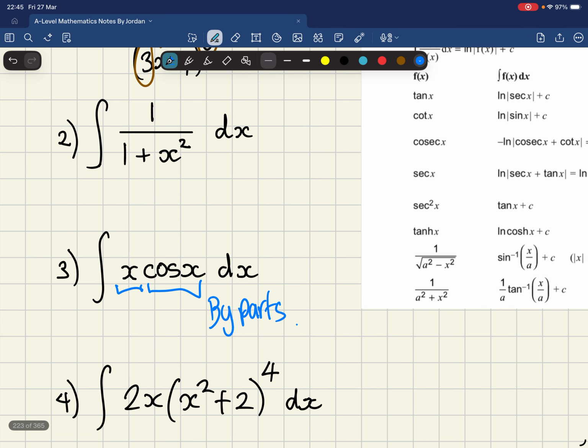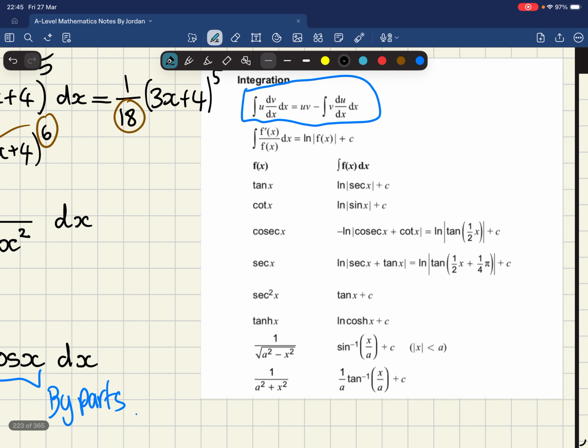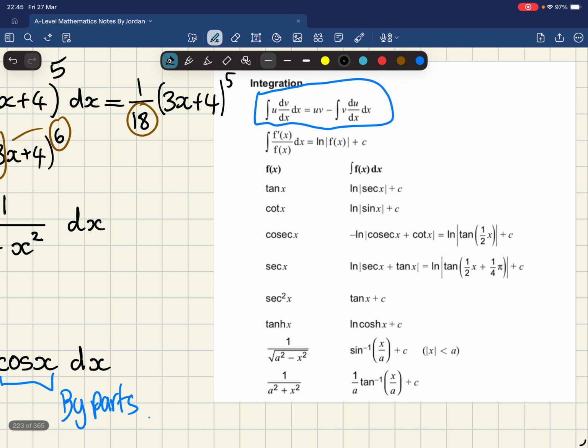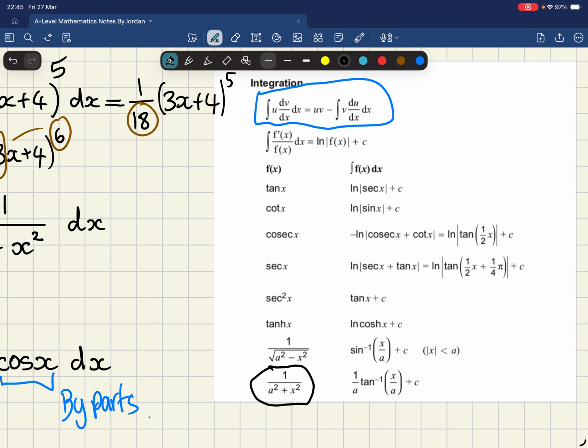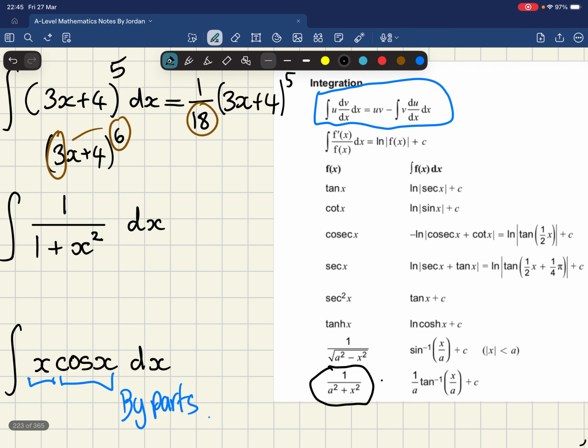What else do we have? So we've got 2 and 4 left. Now one of these is what we call a standard integral. So if you were to look in this formula book, we actually have some standard integrals. And so that one would be this one here. In this case, that a is 1, okay?